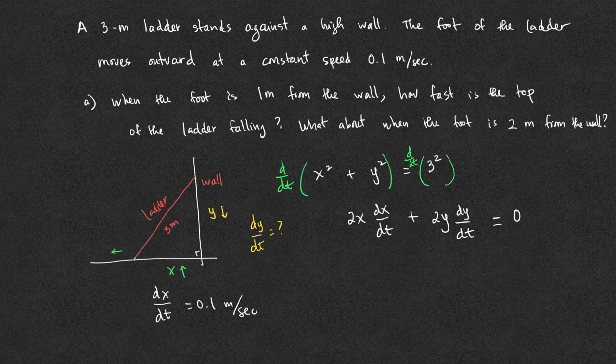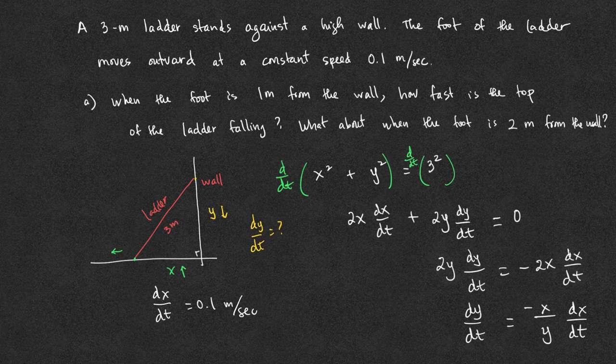We're looking for dy/dt, and so we will isolate dy/dt, but first we isolate 2y dy/dt, which is minus 2x dx/dt. And so dy/dt is negative x over y times dx/dt.